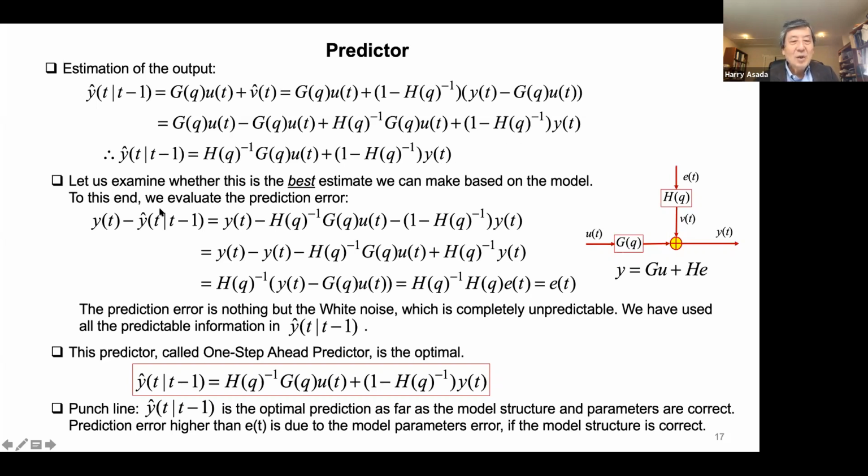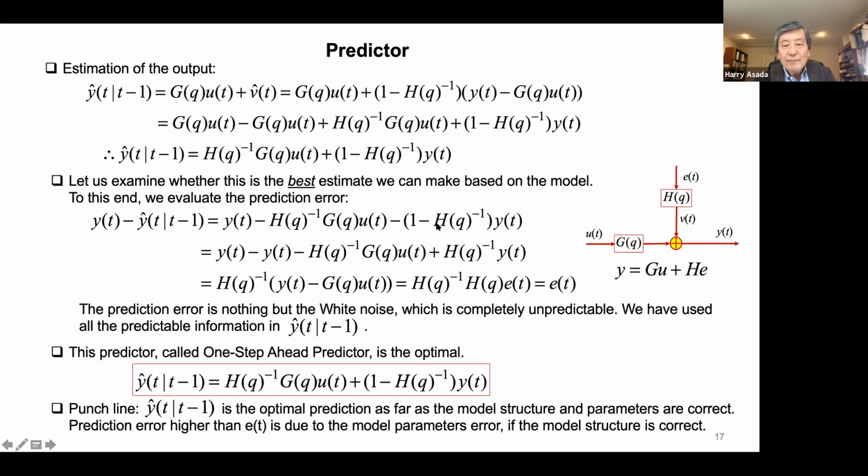So to do that, let's compare y(t) minus y hat(t|t-1). If we know G and H correctly, this should provide the best estimate. Let's see how it looks. y(t) minus this one, I just wrote in here, two terms come in here and here.